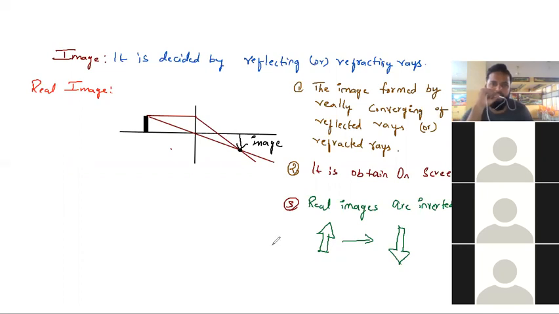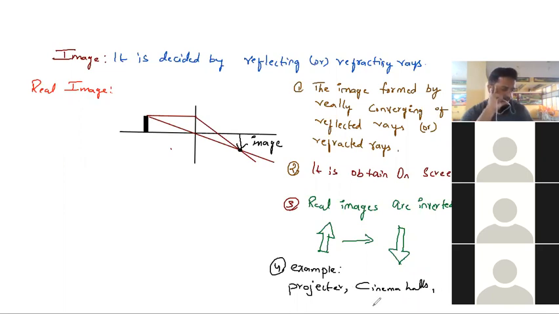Now we will see some examples. The first one you can say is a projector. Projector को आप कहीं भी बैठ के देख सकते हो, right? Now, cinema halls. From any place in the cinema hall, you are able to see the picture, right?